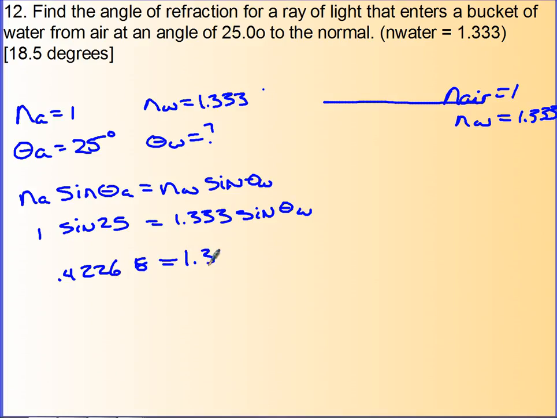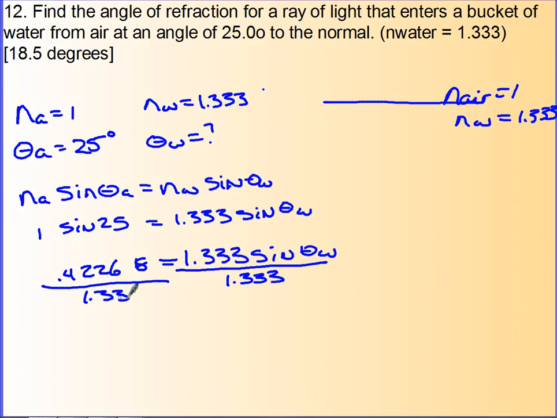All right, the first thing you need to do is find the sine of 25, which is 0.4226. I got a lot of numbers here. That is 1.333 sine of the angle of water. I'm going to divide both sides through by 1.333. So sine of the angle through water is 0.4226 divided by 1.333, and I get 0.317, blah, blah, blah.